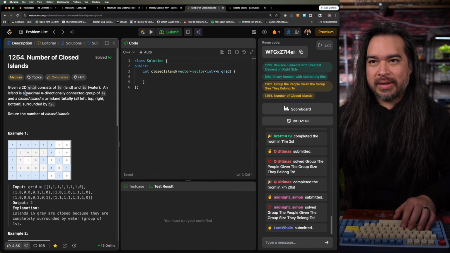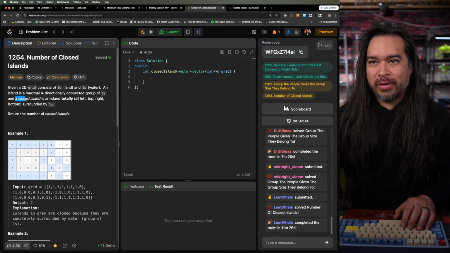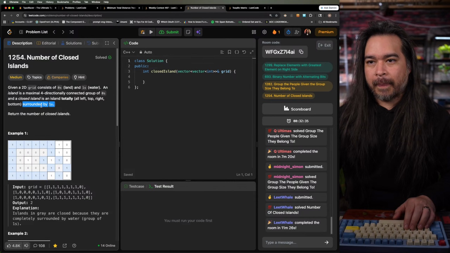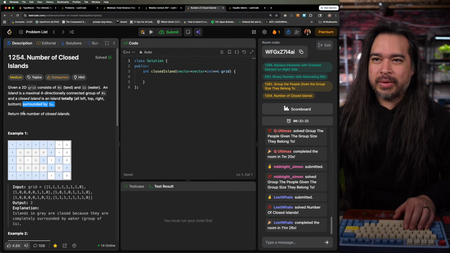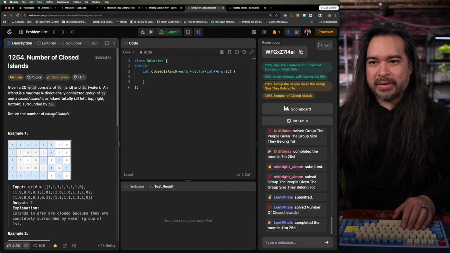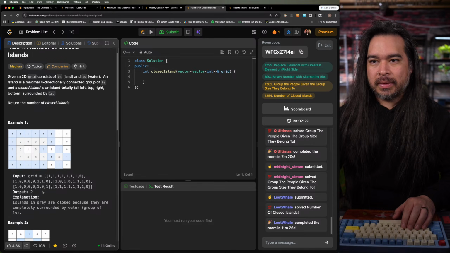An island is a maximal 4-directionally connected group of zeros, and a closed island is an island totally surrounded by ones. Return the number of closed islands. Zeros surrounded by ones.